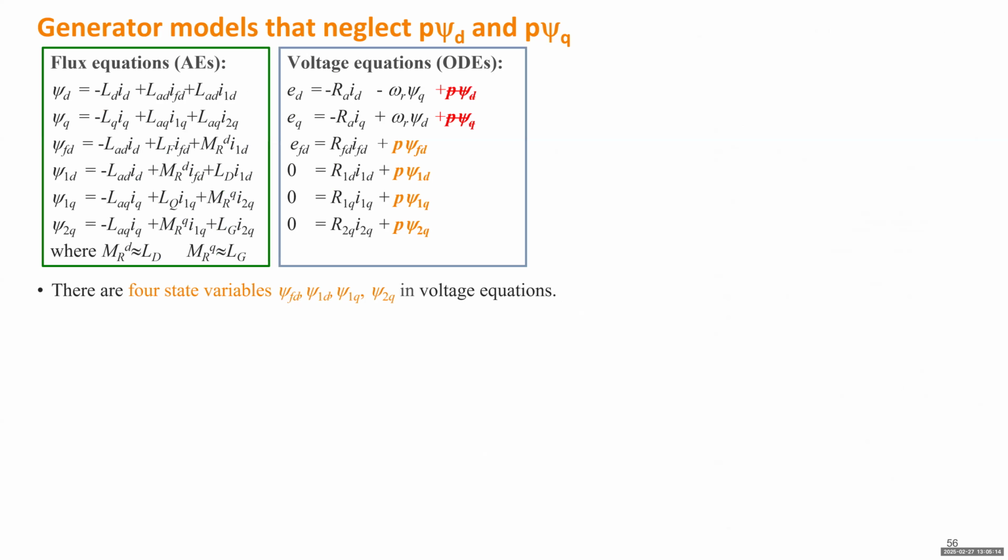Let's go back to our original flux linkage equation and the voltage equation. Here we can neglect the change in psi d and psi q, which are the flux linkages with the damper windings in the D and Q axis. So we simply cross off the derivative of psi d and the derivative of psi q in the voltage equation.